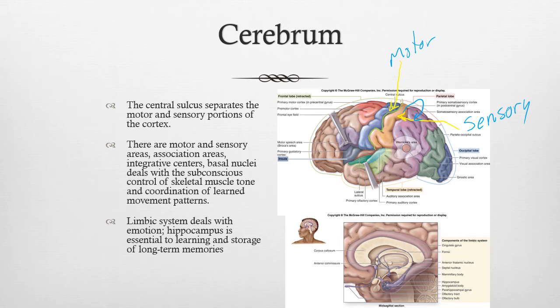A large portion of the frontal lobe is involved in things like our intellect, our emotions, and our personality, and many of them are found within the limbic system itself.